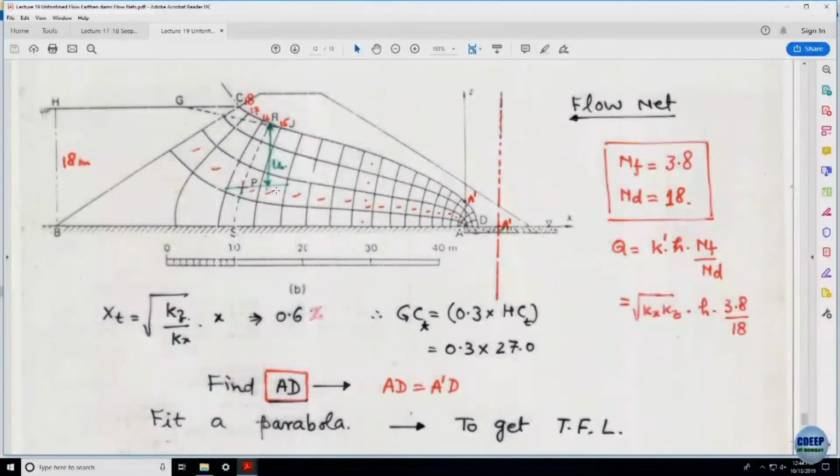If I put a piezometer here, it will go and cut the top surface at the point where the equipotential is cutting the top phreatic line. The point of intersection of the top phreatic line and this equipotential is going to give you the total head at this point. So, once you have got the value of u, you can compute whatever has been asked.